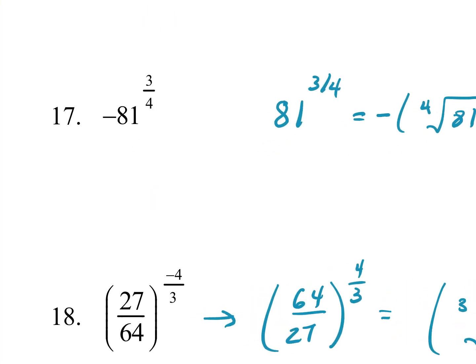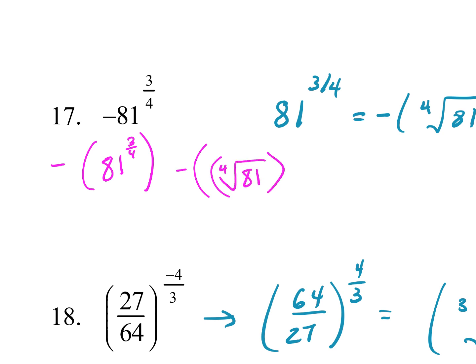All right, so 17, first of all, the negative is not in parentheses. So that means it's going to get bumped to the front of whatever it is, right? So this is negative and then 81 to the 3/4. So then the 4 slides over to become the index. So now I've got negative 4th root of 81 raised to the 3rd power. So bottom slides over, top becomes the exponent. So then 81, you can break it down to like 9 and 9, which is 3 and 3 and 3 and 3.